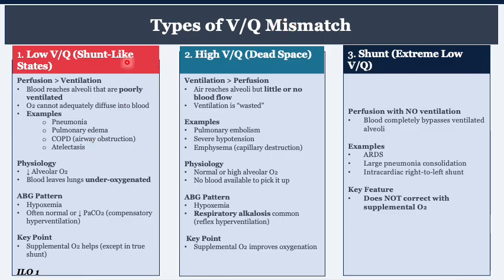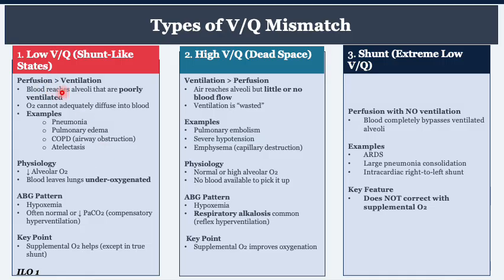So I'm going to just talk briefly about some different types of VQ mismatch where you wouldn't have appropriate ventilation and perfusion. So the first one we'll talk about is if you have a low VQ, and this is like in a shunt. So let me go through it.